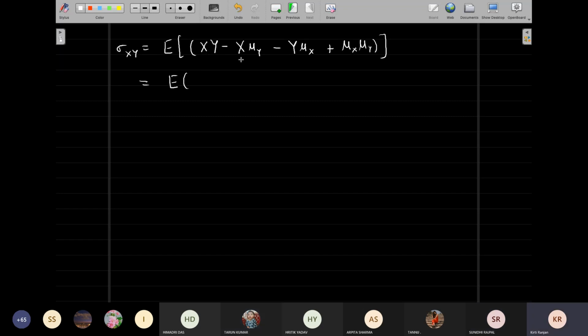Since this is the expectation value, you can of course expand it in terms of the first term EXY. What is the second one? Expectation value of x times mu y. So this becomes mu x mu y. What about the next one? This becomes mu x mu y. And the last is mu x mu y, right?